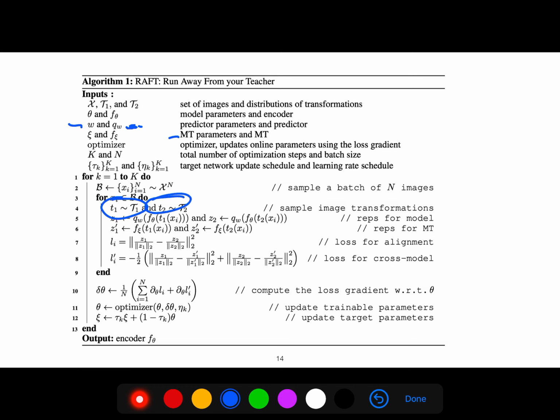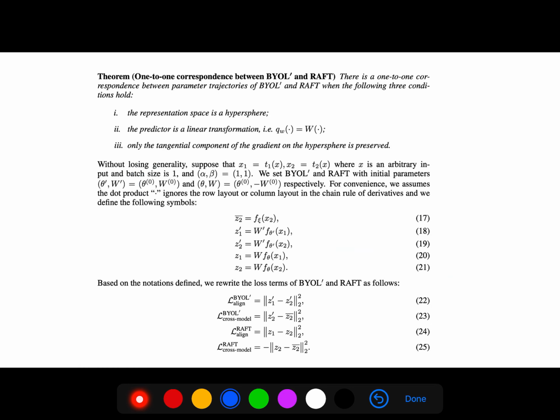We have two transformations, and then we use the predictor, and then we calculate the loss for alignment and cross-model. Then we compute the loss gradient with respect to theta and update the trainable parameters as well as the target parameters. Our output is the encoder of theta, which gives a good representation.